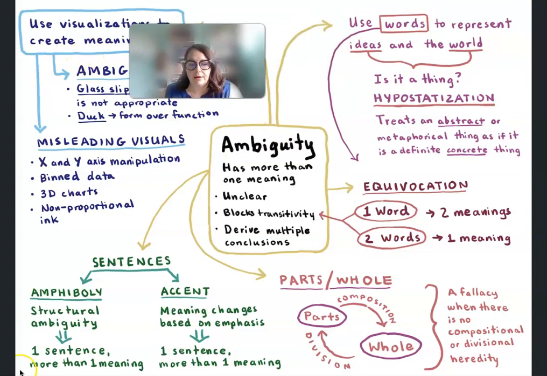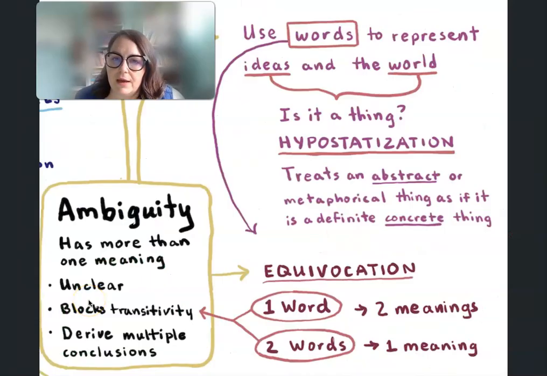When we create conditions of ambiguity, it's often because we are using words to represent the world. And so one of the ways that we can use words to represent the world in an ambiguous way is by actually concretizing something that's not concrete. So the fallacy of hypostatization treats an abstract or metaphorical thing as if it is definite and concrete.